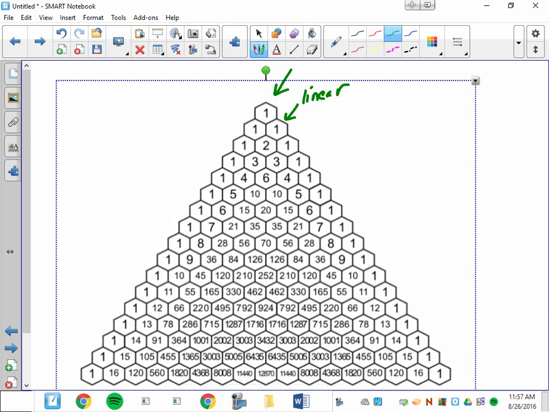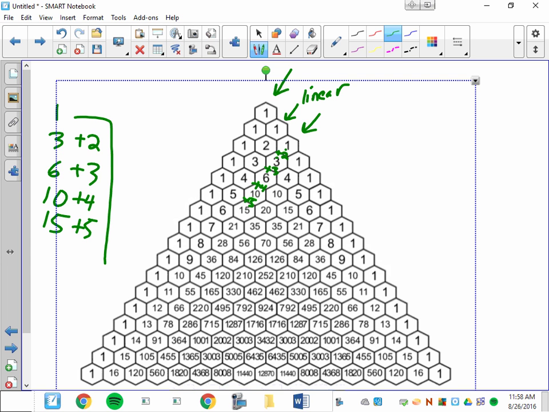Okay, the next diagonal, if I look, to go from here to here is plus 2. The next one is plus 3, plus 4, plus 5. So if I were to write that list out, 1, 3, 6, 10, 15, my first differences would be plus 2, plus 3, plus 4, plus 5.